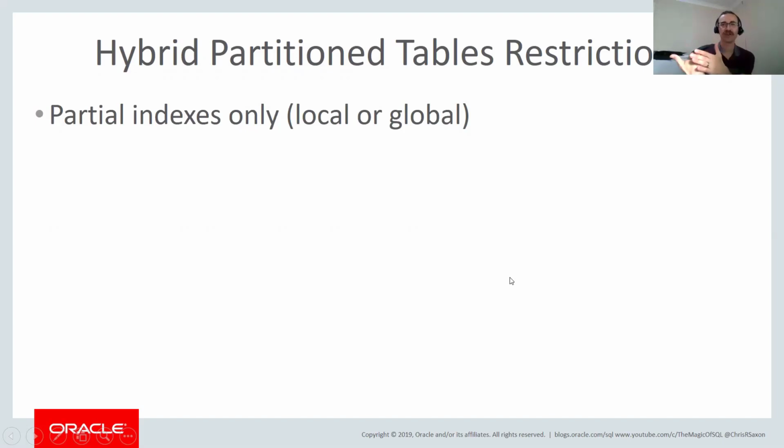Only the real internal partitions can we actually create indexes on. Any data which is in those data pump files or CSVs or however you decided to export them, you cannot index those. So we can have partial indexes on these hybrid partition tables.